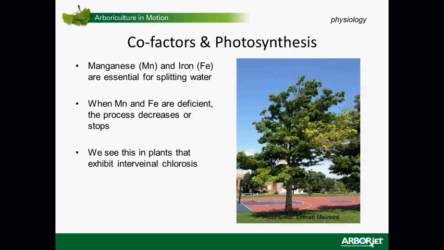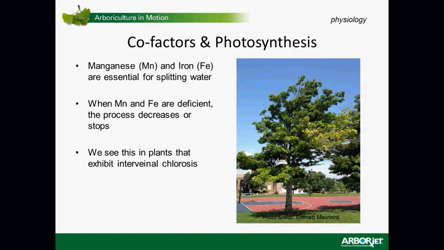Some of the other factors or micronutrients are required in photosynthesis as cofactors or parts of coenzymes. Manganese and iron are particularly important. They're important for splitting water, for photosynthesis to proceed.